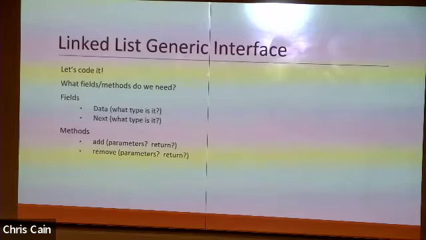How about remove? You want to be able to take things out of the list. So we need to know what index. What does it return? Generic data type, yeah, something that tells you what was removed from the list.